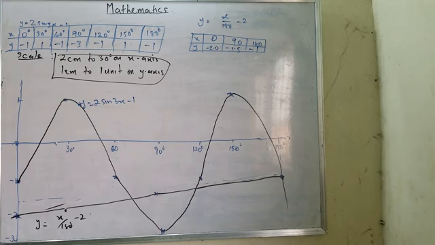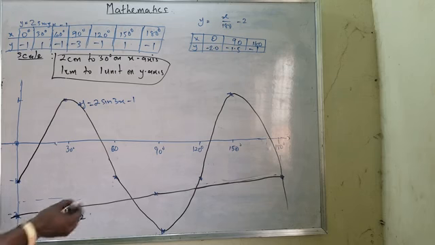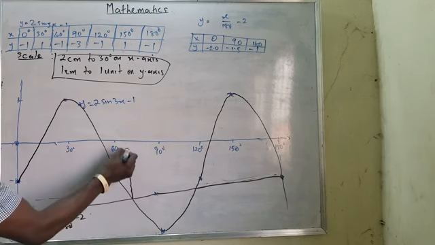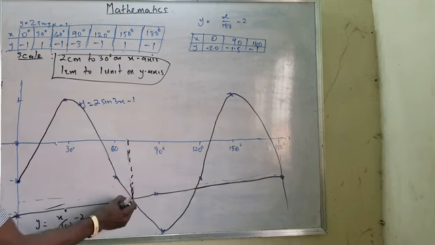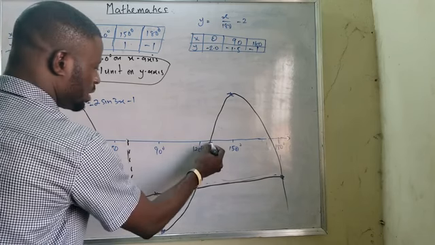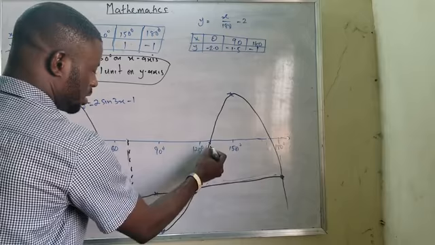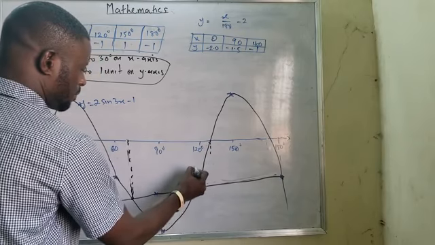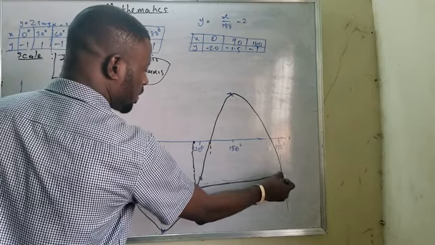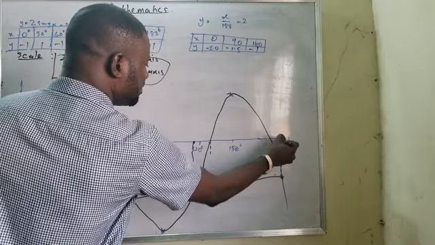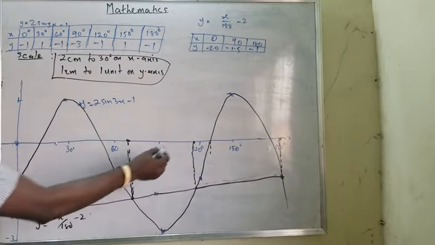The next thing you are asked to do is to find the value of what? If you are looking for the value of x and y, look at this. Anywhere you have this, indicate it like this. The value here, that is your question.